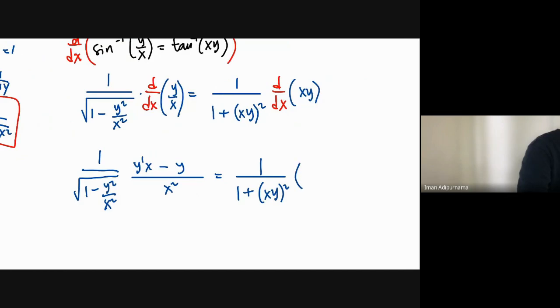This will be x y prime plus y. Yeah, some calculations, and not easy numbers.